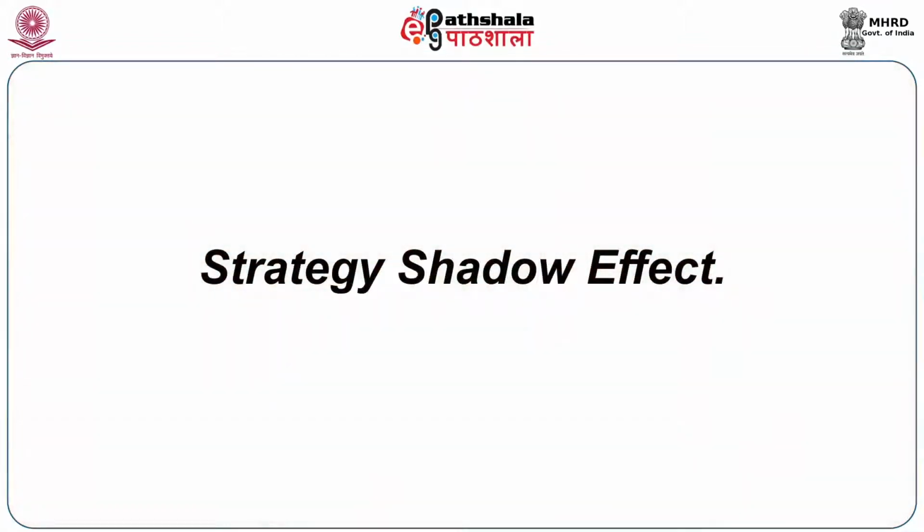Why are we calling it the strategy shadow effect? You know how an earthen lamp is? When you light an earthen lamp, a diya, there is light around the lamp because the diya is burning. Under the diya, under the lamp, there is an area that goes into darkness because the lamp casts a shadow.